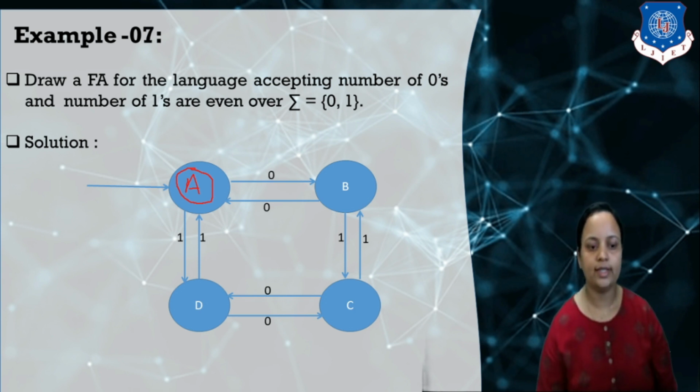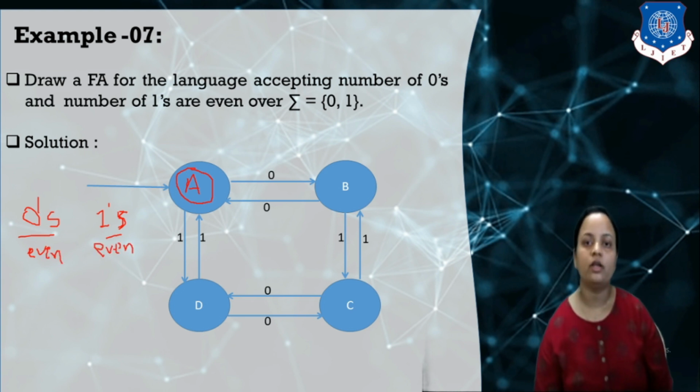Here I am representing the counting of number of zeros and number of ones. First, I have already considered the even possibility, which means an even number of zeros and an even number of ones. Now the next possibility: an odd number of zeros.